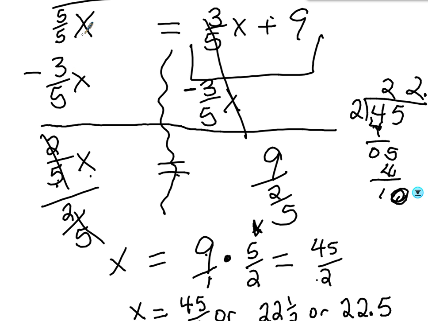Improper, no, a proper fraction. Mixed number. That's it, mixed number. Okay, I made this 5 over 5 because it was a 1x, and it was easier for me to deal with 1x minus 3/5 x by making that 5 over 5 x.